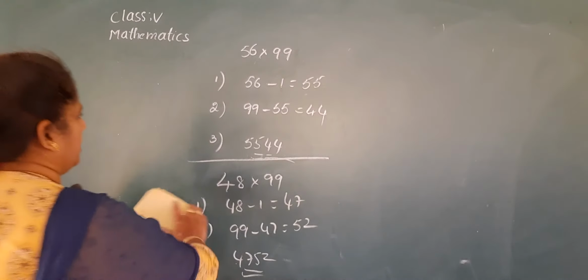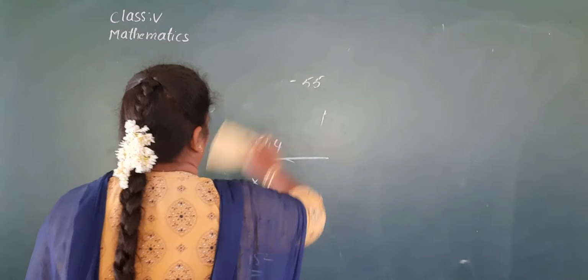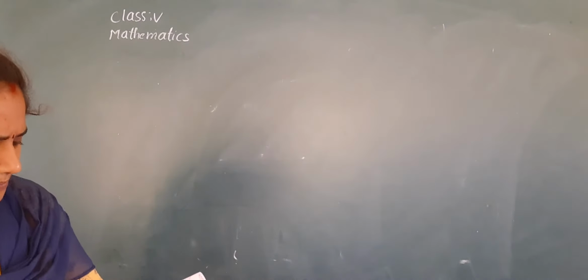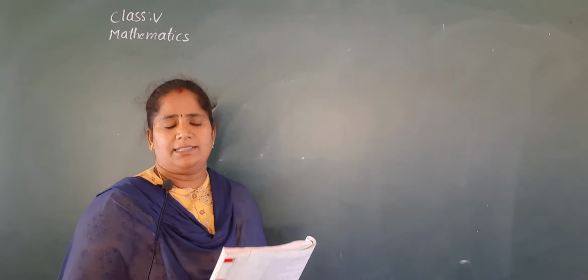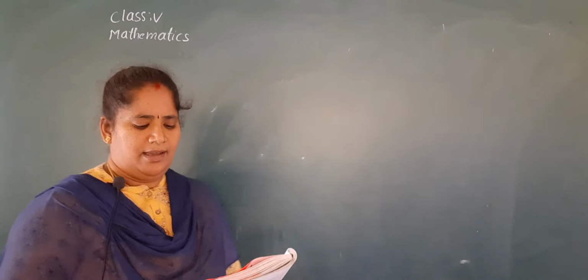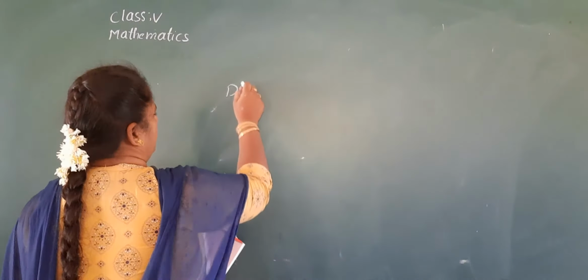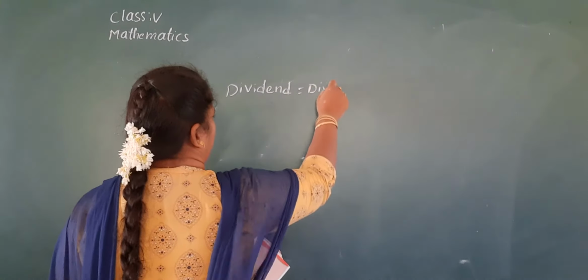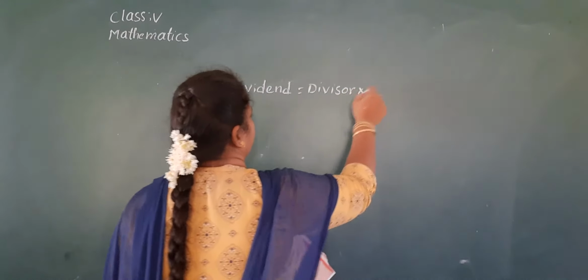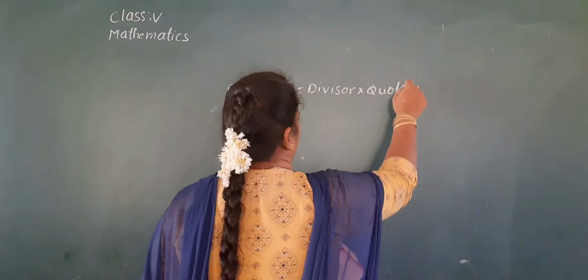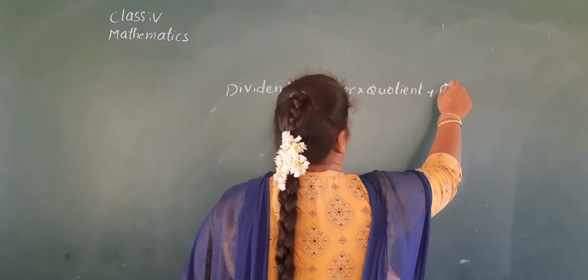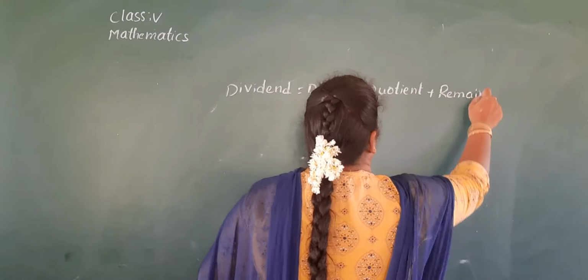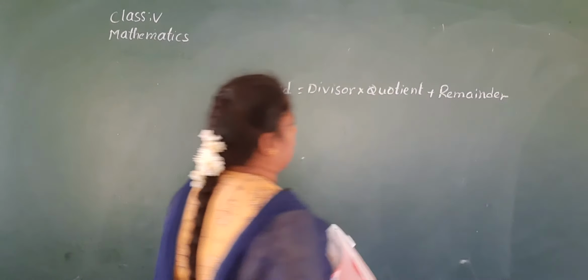So these all belong to multiplication. Now division. How do we check whether our answer is correct or not after the division? Dividend is equal to divisor into quotient plus remainder.